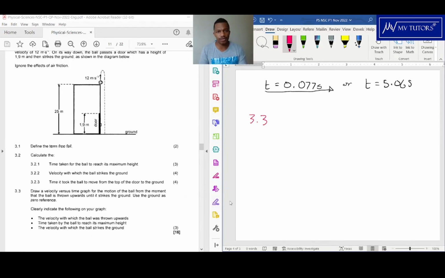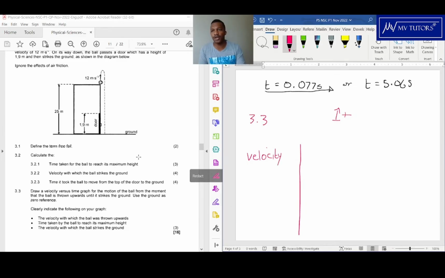Okay, so that's cool. So what I'm going to do now is, remember, we're taking upwards as positive. That's the first thing. So if we draw a straight line there, and this side we are really just putting the velocity.